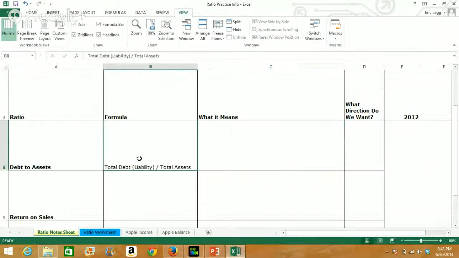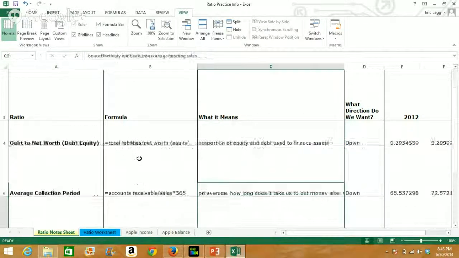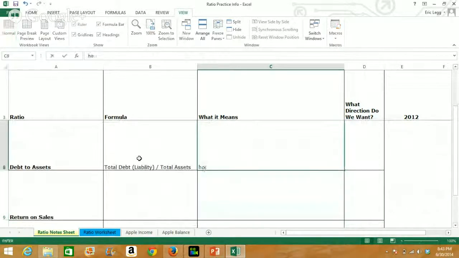So similar to our current ratio, where we're just using current liabilities and current assets, this is just using total. So again, we obviously want our total debt to be less than our total assets. So we want to be able to sell our assets and pay off our debt. This is kind of similar to how easily current assets could pay off current liabilities, how easily total assets pay off total liabilities.